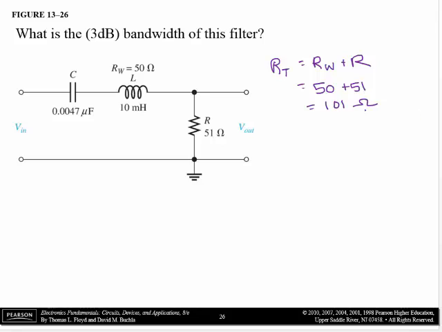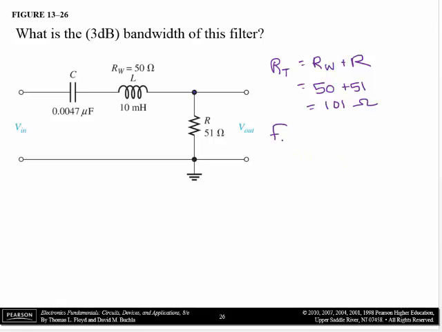So that's what our total is, but yet we're only taking the output here across the 51 ohm resistor. So the fact that this is here is going to make my filter perform a little less ideally, but we'll see how that goes in a moment.